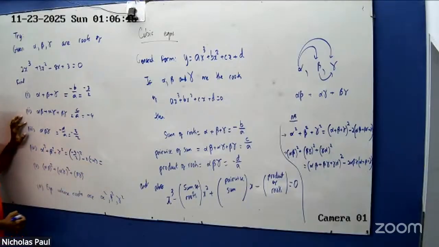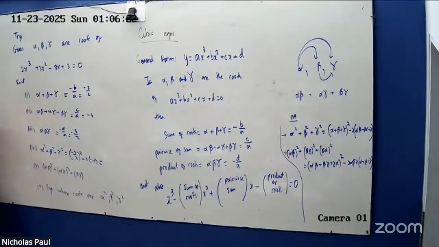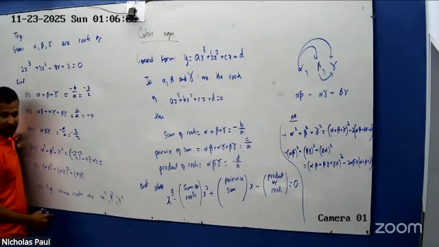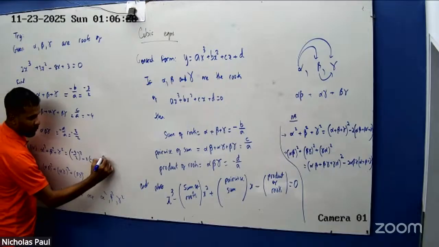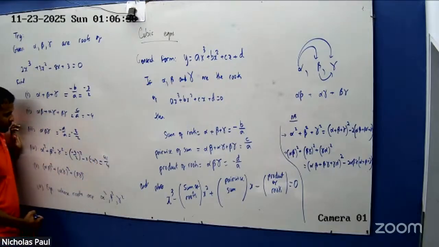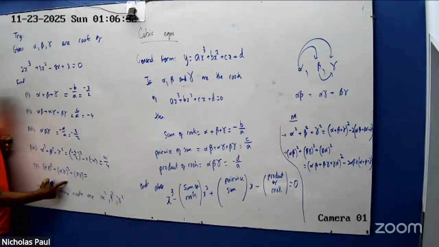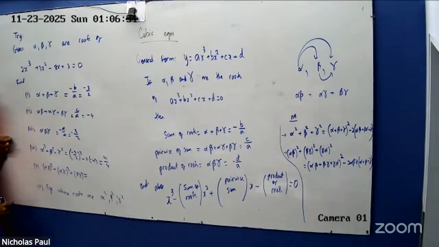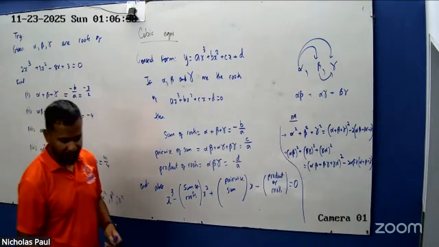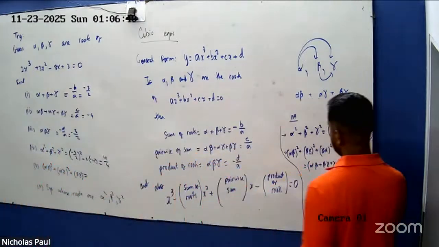How much do you get there? 41 on 4. Try part 5. As I said, the formula is right here.